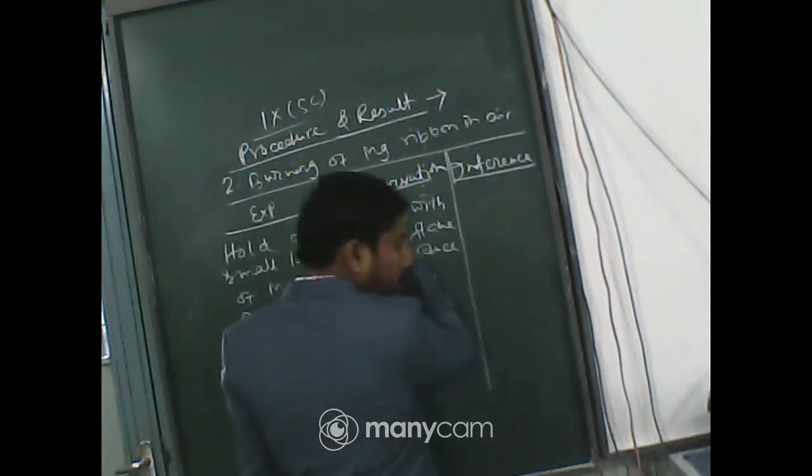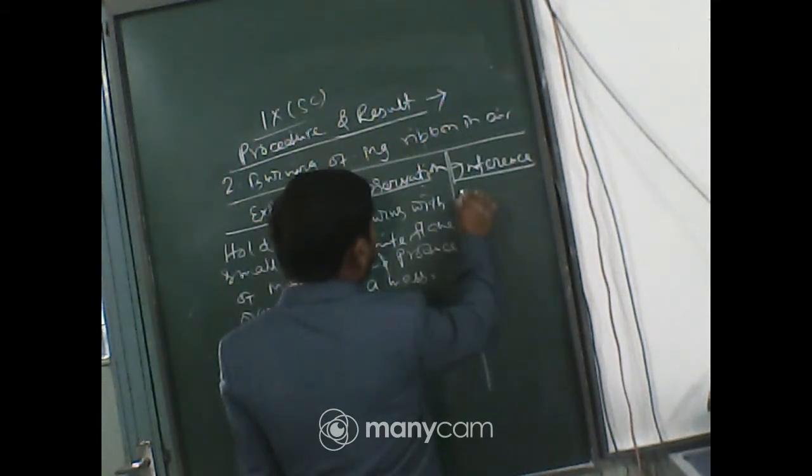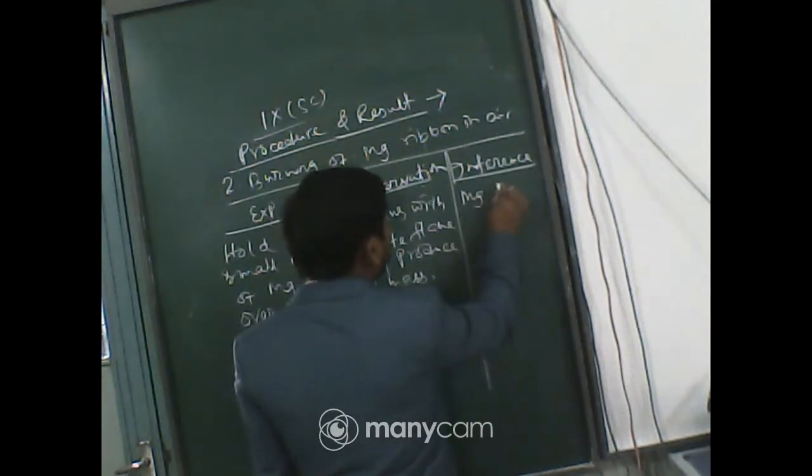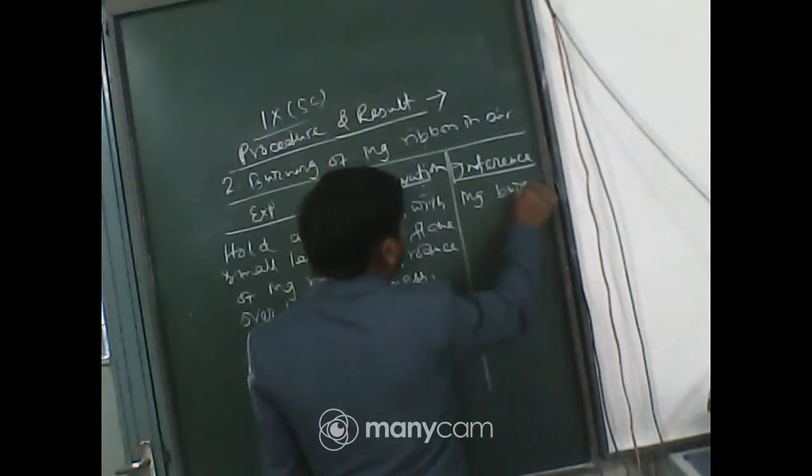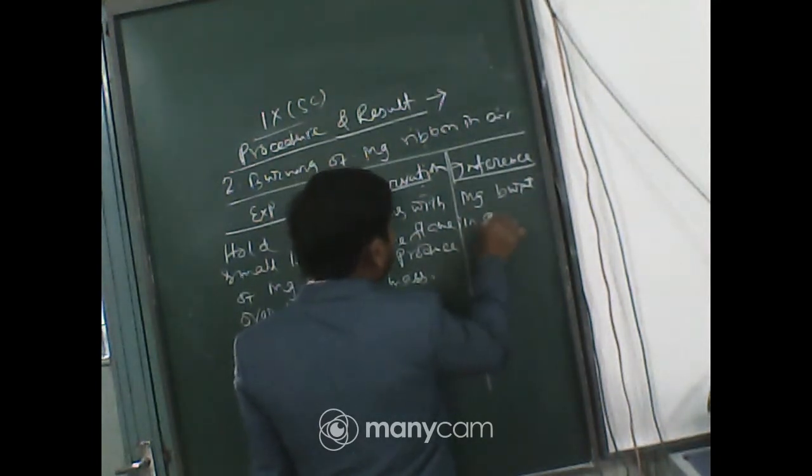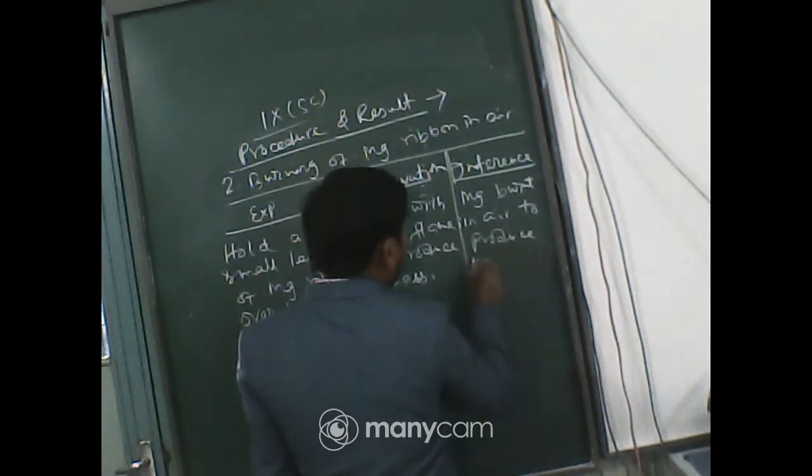In inference, you will write: magnesium burnt in air to produce magnesium oxide, MgO, which is the mass.